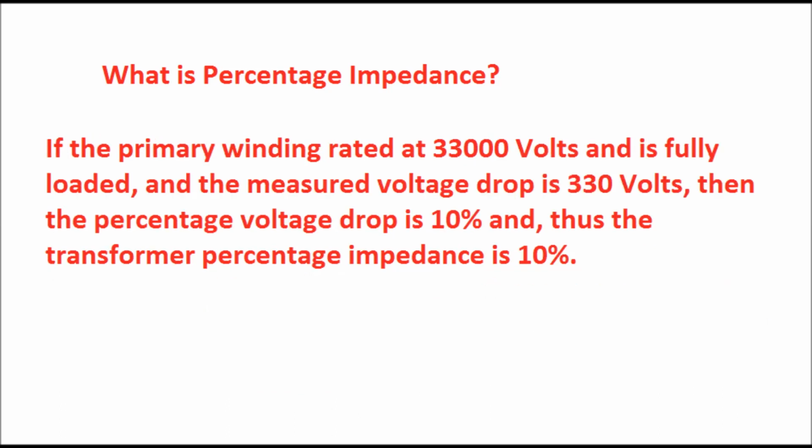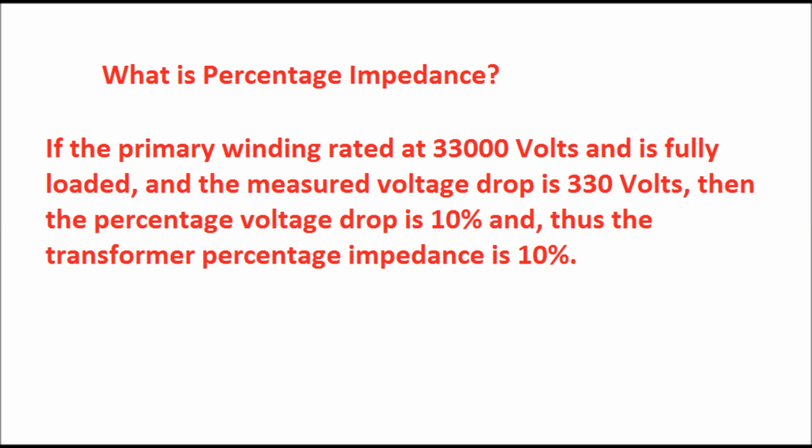Now let us take a simple example. If the primary winding rated voltage is 33 kV, that is 33,000 volt, and it is fully loaded, and the measured voltage drop is 330 volt, then the percentage voltage drop, expressed in terms of the rated voltage, is 330 divided by 33 kV or 33,000, which is nothing but 10%.